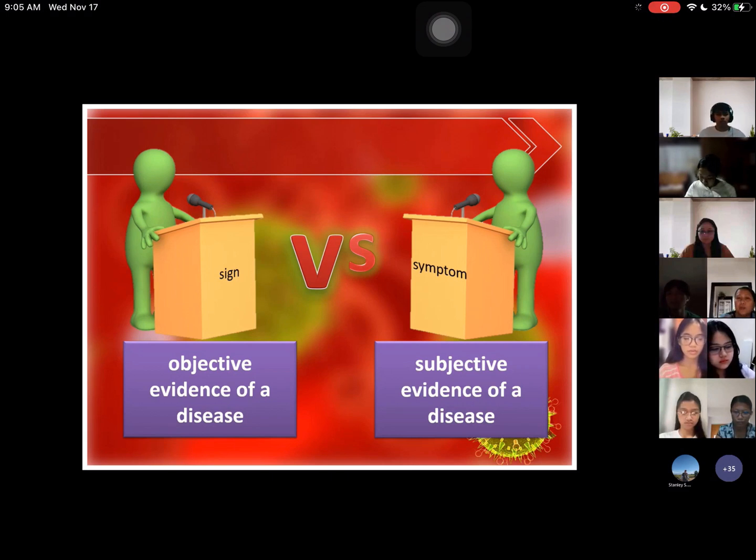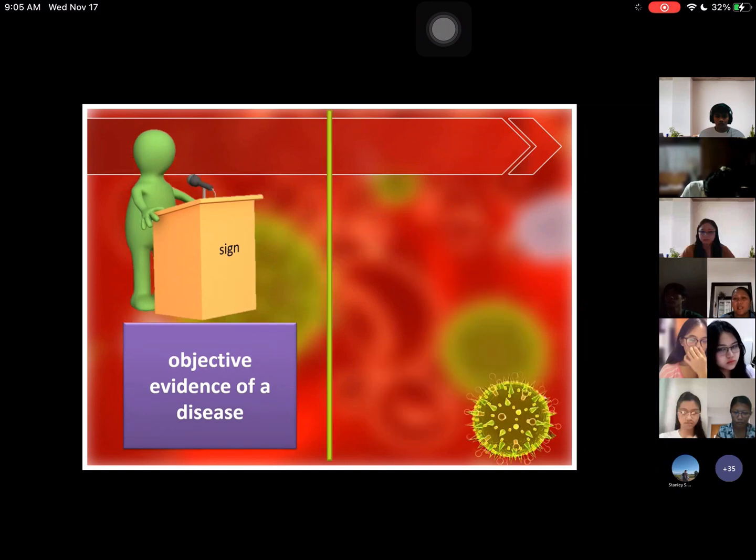This is usually observed by the physician. And then we have the symptoms, which are the subjective evidence of the disease, which the patient is the only one who can feel.